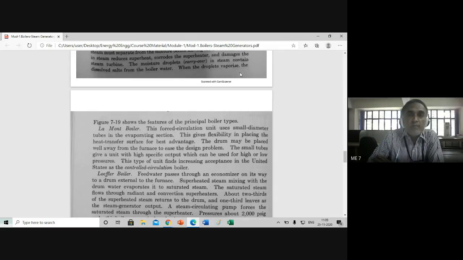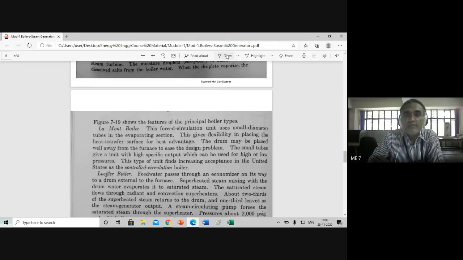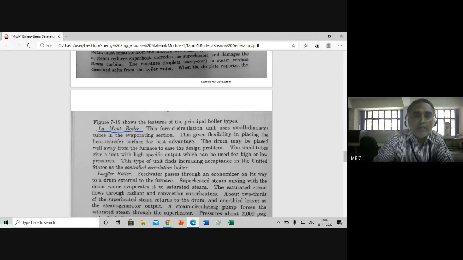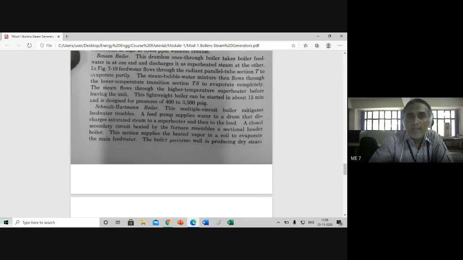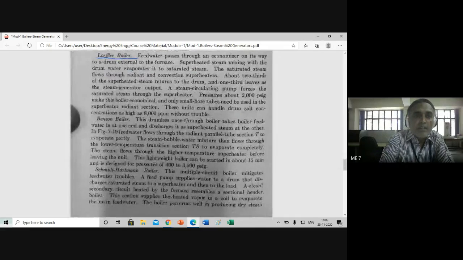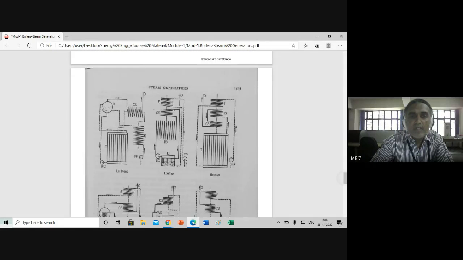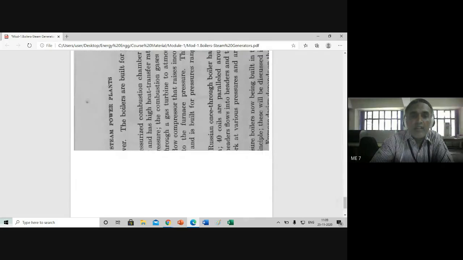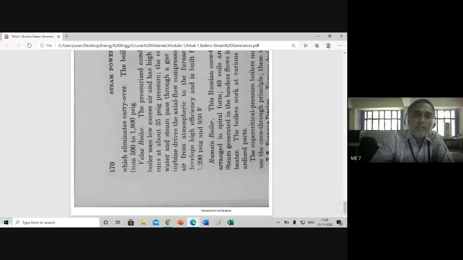Now, what are the various boilers? Look at this. Lamont boiler, Loeffler boiler, Benson boiler, Smith-Hartmann boiler, Velox boiler, Ramsden boiler.